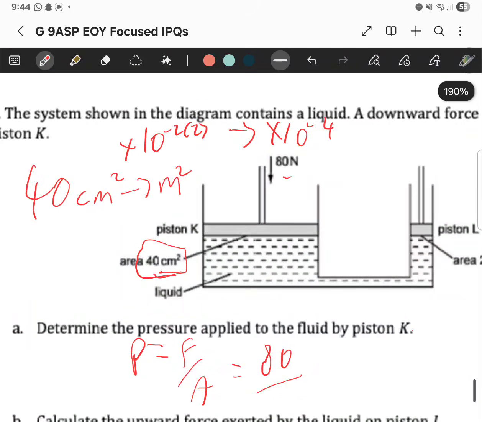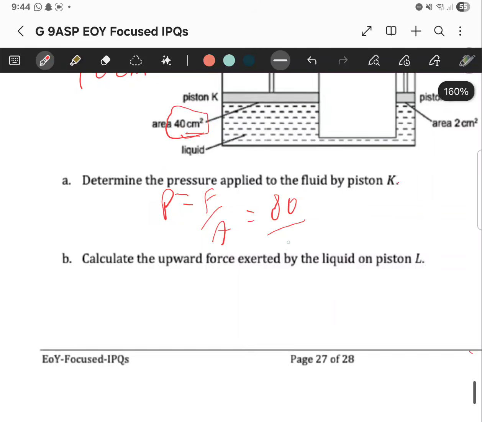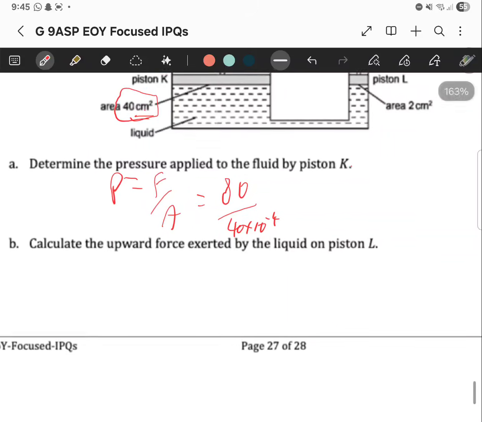What did I just do there? Centimeter squared into meter squared. Centimeters is divided by 100, which is minus 2, but it's squared, so I have the power here. So that means minus 2 times 2 becomes minus 4. So that becomes 40 times 10 to the minus 4. That's what you need to do for this one. Be careful with this. Centimeter squared is minus 4.